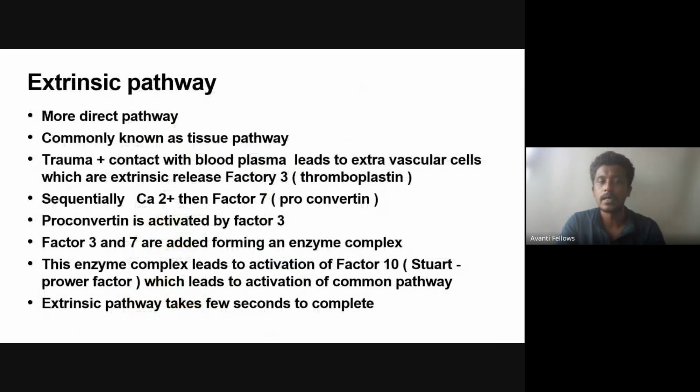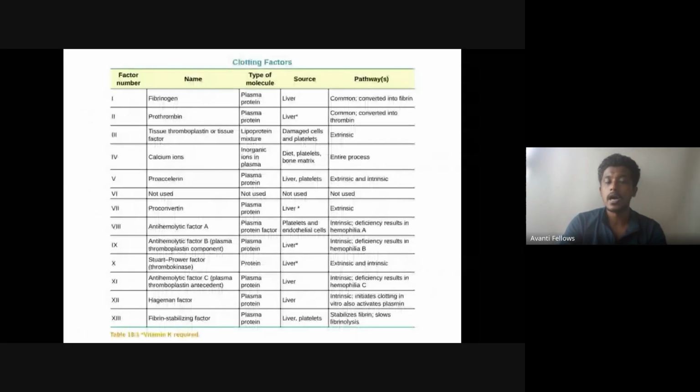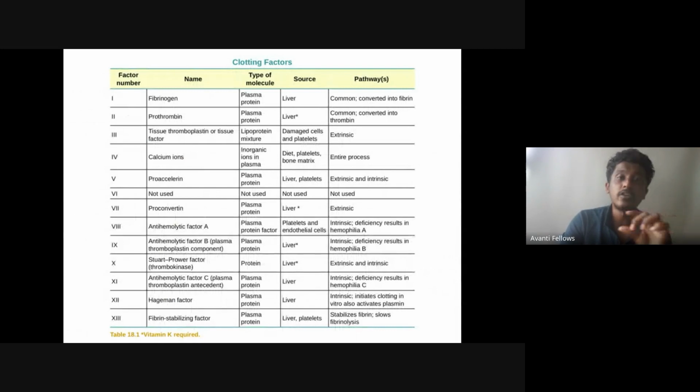These factors are very, very important. The process of coagulation is controlled by 13 different factors, students. How many? 13. Each of the factors is named factor 1, factor 2, factor 3, and all the way to factor 13.